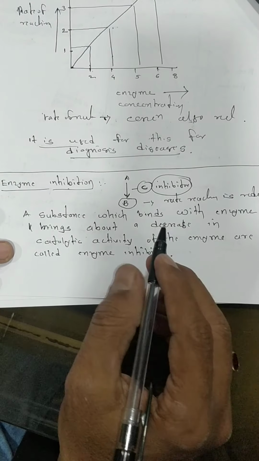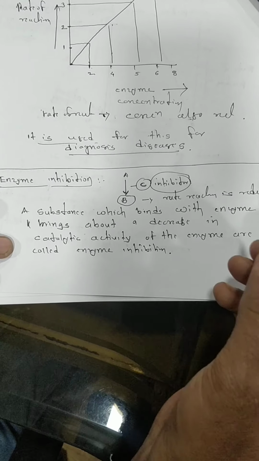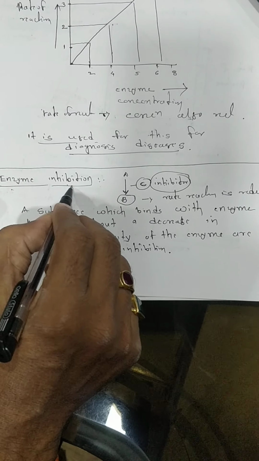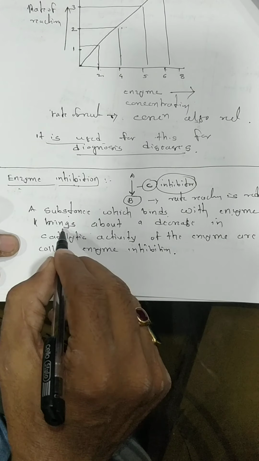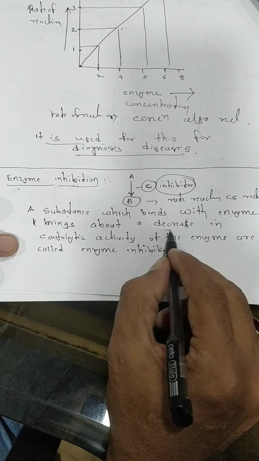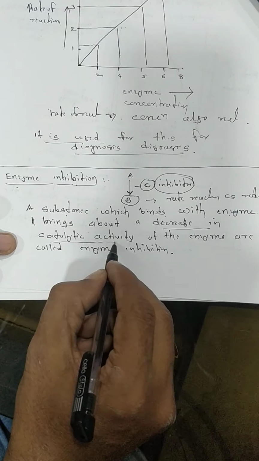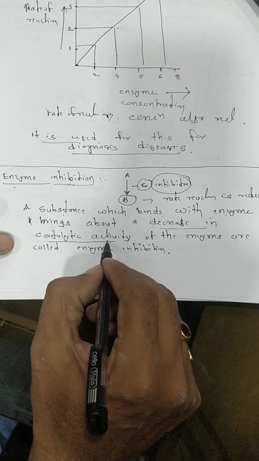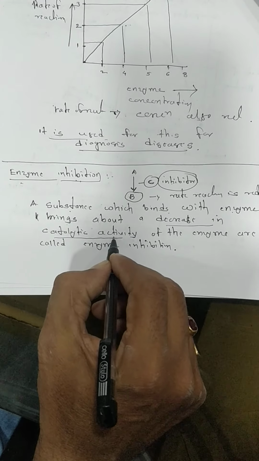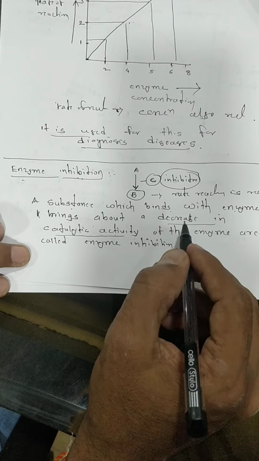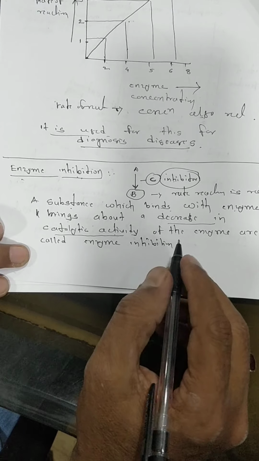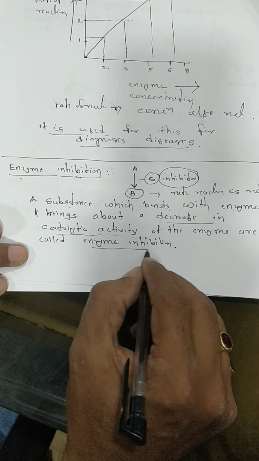Generally the role of an enzyme is to increase the rate of reaction. But in enzyme inhibition, a substance binds with the enzyme, and as a result you get a decrease in the rate of reaction and a decrease in catalytic activity. Enzyme should generally increase the rate, but here, after binding, it decreases it. That is called enzyme inhibition.